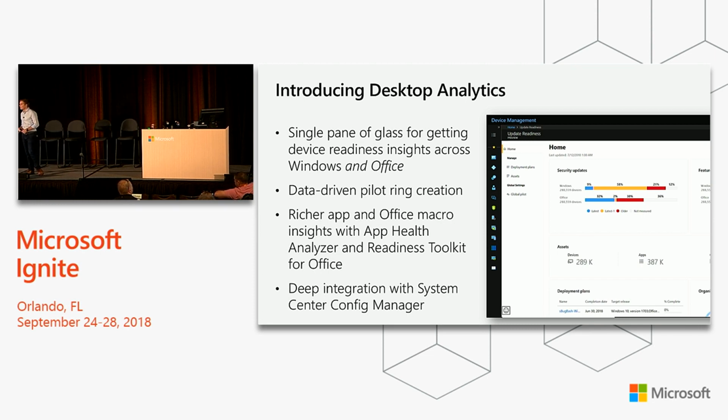We're going to help you with that pilot ring creation. And this one's huge. This is the piece where historically we've always put out the guidance that you should find a group of early adopters or a pilot group. Upgrade them first, and then go broad after it works for the pilot group. But we've never been terribly prescriptive about how you identify that pilot group.